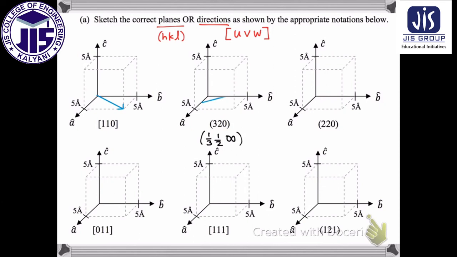That is the c coordinate, so the c-axis. That means we have to be parallel to c at all times. So we simply draw a line parallel to c, and you can see that plane will never touch the c-axis if you extend it. And that's your 3, 2, 0 plane.